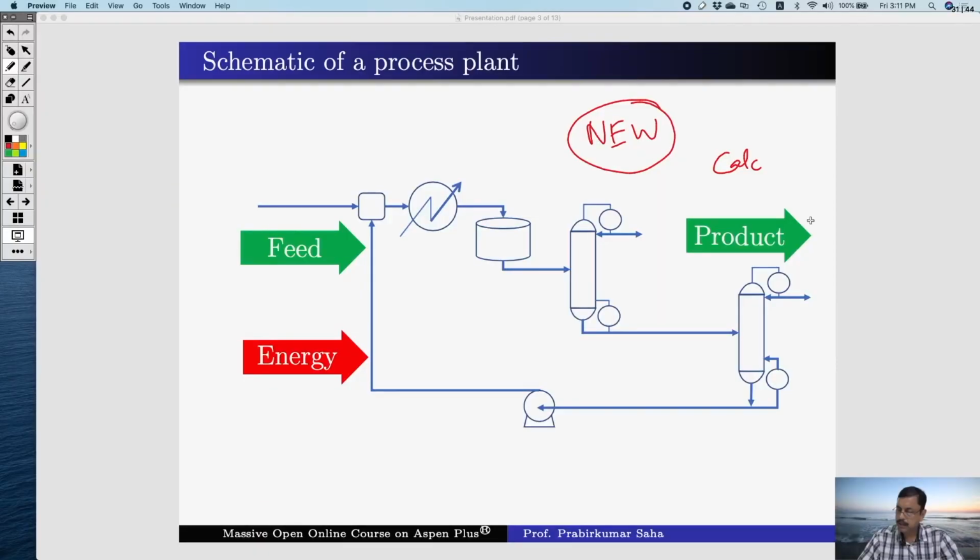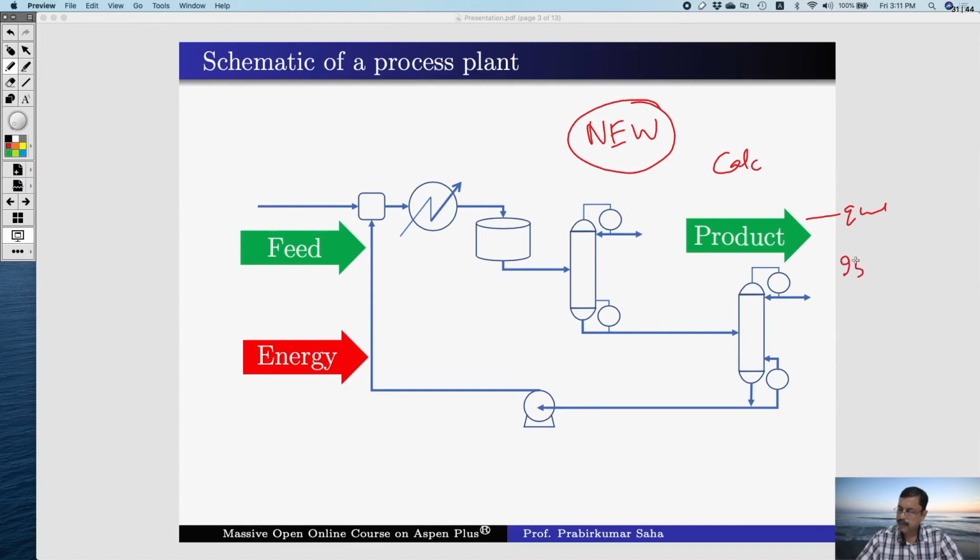work with an existing plant of this nature which is there for years together. It might have served us for several years before the market demand has changed the scenario. In the market, nowadays the product quality may be different in demand. So we have to change the product quality.